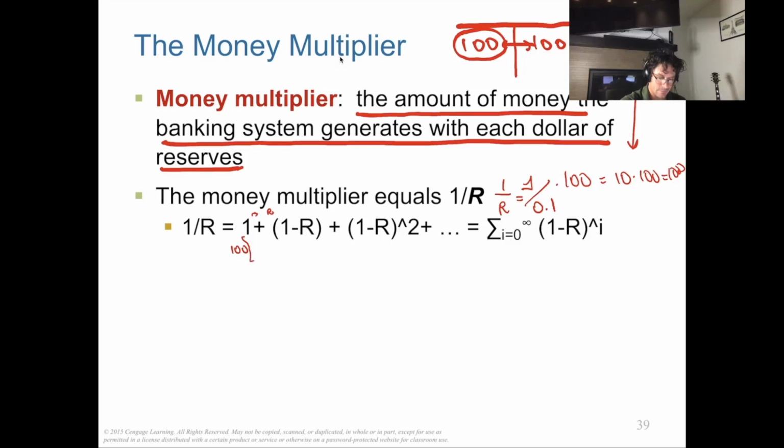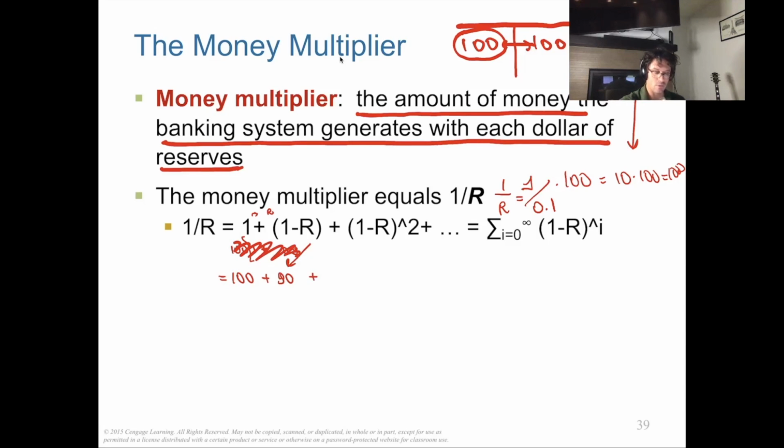So $100 at the beginning is the original amount of cash that was in the economy. You put it in the bank, then $90 of this is lent. This is the first loan in the economy.